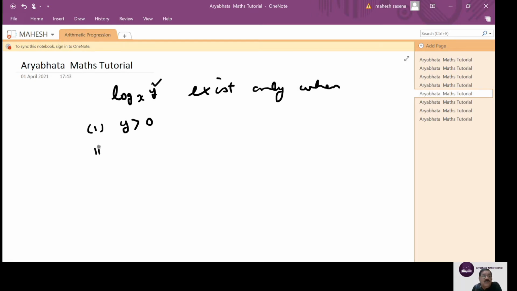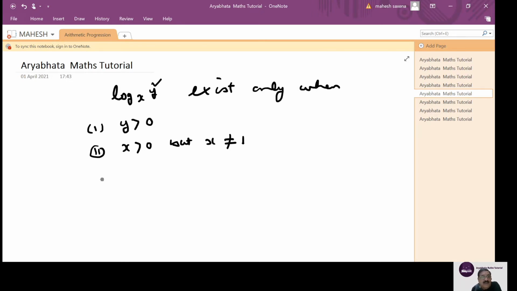Number 2, x should be greater than 0, but x cannot be 1. Again, log base x of y exists only when y is greater than 0, x is greater than 0, but x cannot be 1. By this property, various questions are asked.